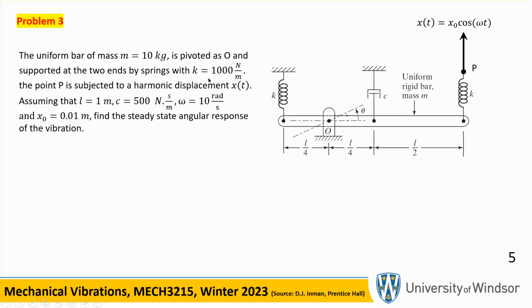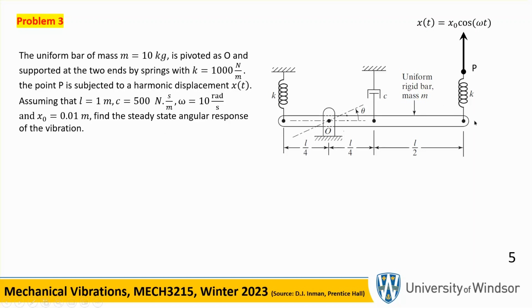We know the stiffness of these two springs, and the damping constant we know right there, and the frequency of oscillation omega is also given to us as 10 rad per second. And we know that the amplitude of the applied displacement is 0.1. What we want to do is find the steady state angular response of the vibration.